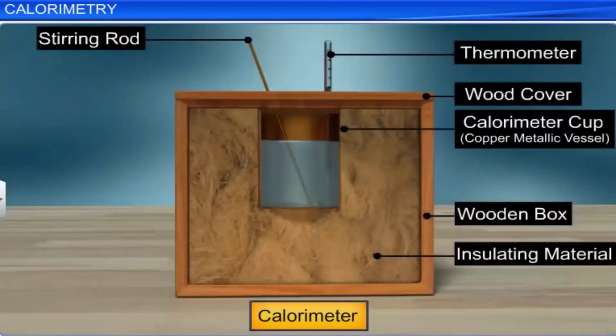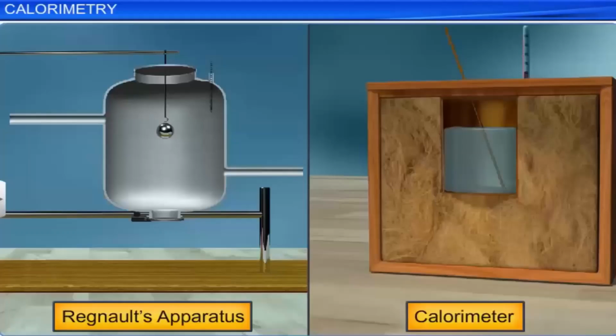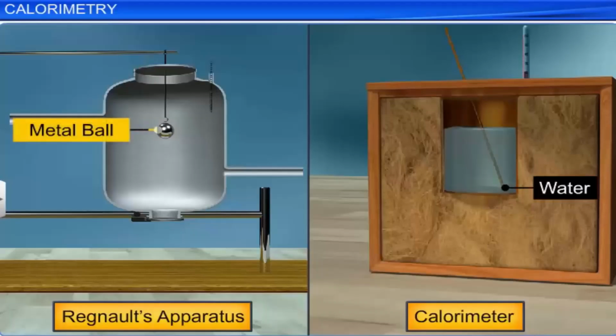Let us find the specific heat capacity of a solid using the principle of calorimetry. To do this, a Reynolds apparatus and a calorimeter are used. As we use water in the calorimeter, we need to take a solid that is denser than water and insoluble in water, say a metal ball.